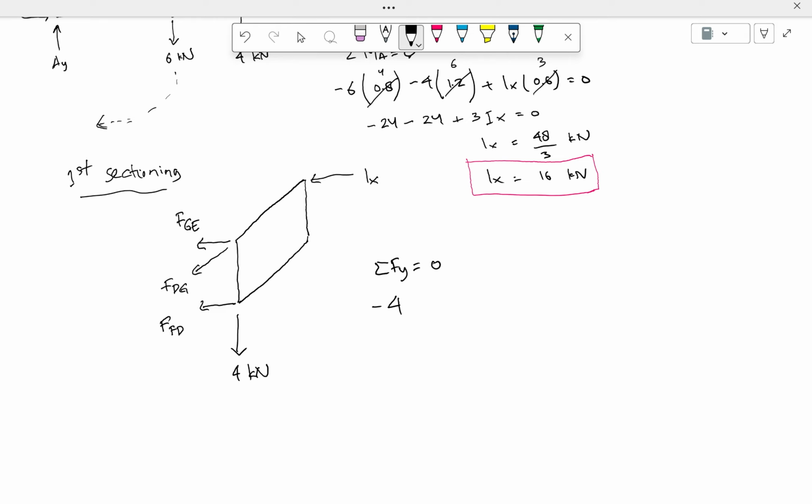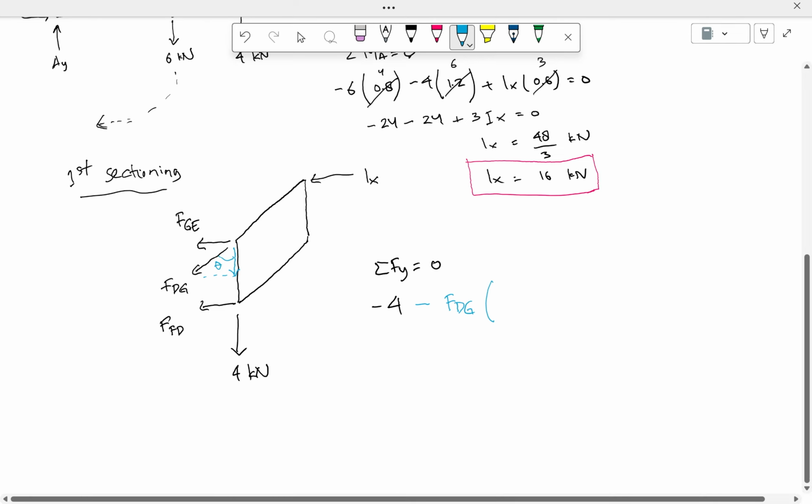And then you have FDG in the y direction. How to project the FDG? So basically what you need to do, I will put different colors, to show the projection of this. So it should be minus FDG cos theta. This is the theta.